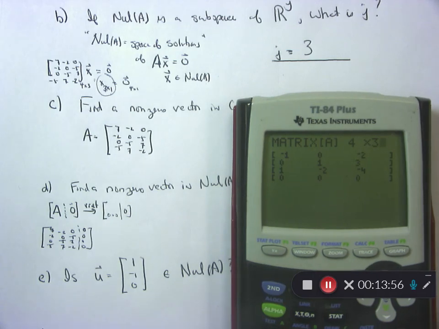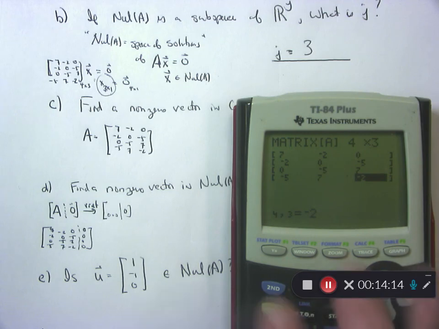So this guy is 4 by 3, so let's just type him in here. 7, negative 2, 0, negative 5, and so on. Okay? And I typed it in. I always do this.